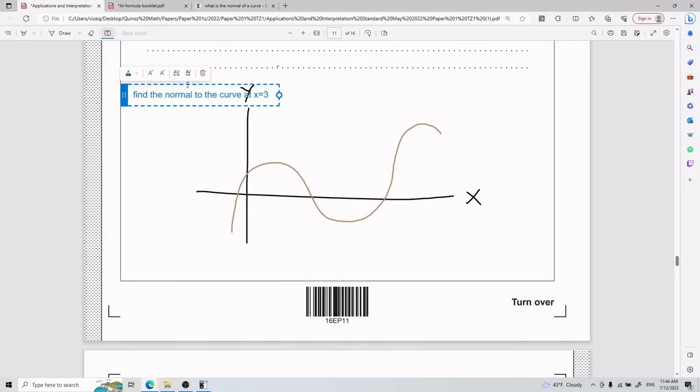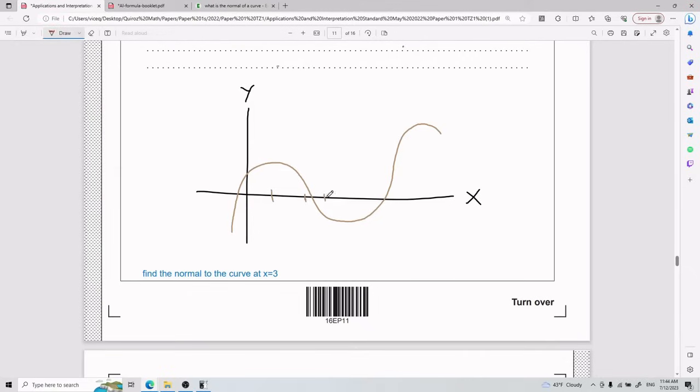This is different from the example. This is just to make a point. And let's say that my 3 is going to be here. So if x equals 3 is here, what's going on?